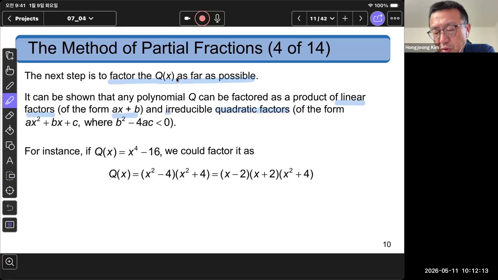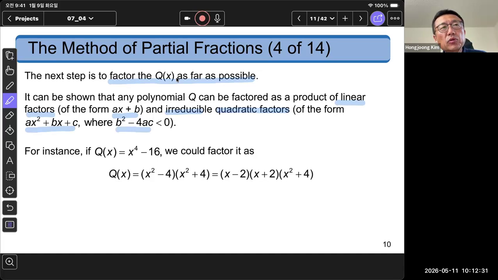When I say irreducible, that means you have quadratic factors such as ax squared plus bx plus c type, and b squared minus 4ac is negative.